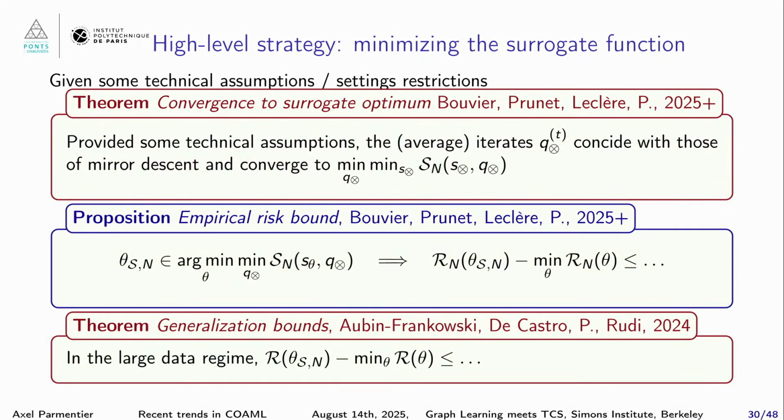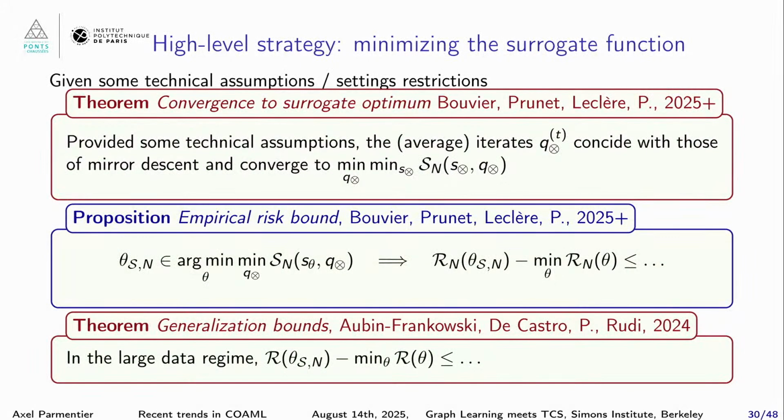So this is minimizing on W, on your neural network. And the second thing we are going to show is that if we choose the right regularization, these are the mirror descent iterates for this problem, and this function is convex. So basically, mirror descent converges to the optimum. So this is going to tell you that you are going to converge to the optimum of the surrogate problem.